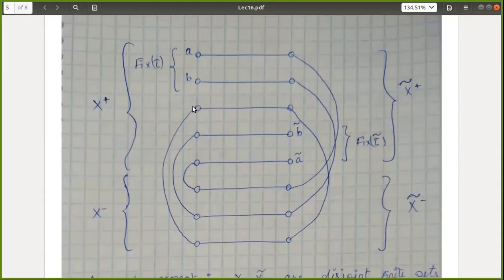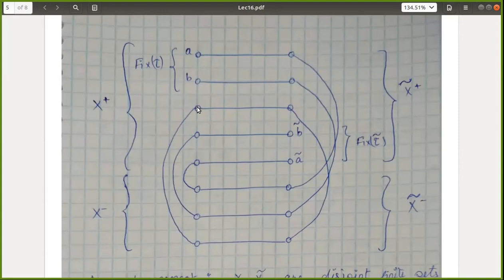It means that if you start with some element which is not a fixed point, it could be either in x plus or in x minus. Let's say I start with an element of x plus first. Remember, this is not a fixed point now.